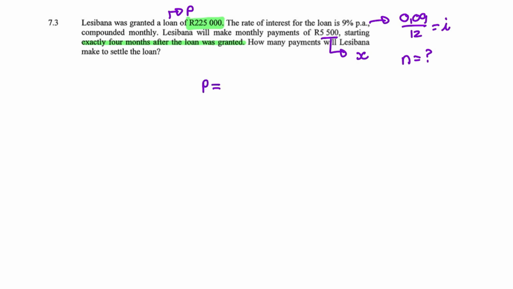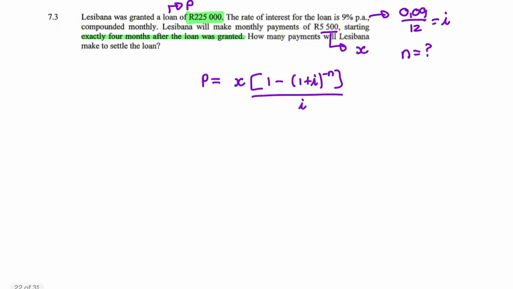We have P is equal to X multiplied by 1 minus, in brackets, 1 plus I to the power of negative n, divided by I. Now we need to be careful. The P value is not 225,000 Rand, but it's actually 225,000 Rand that earns 3 months of interest.